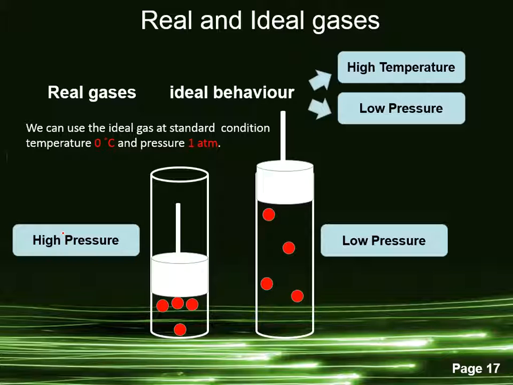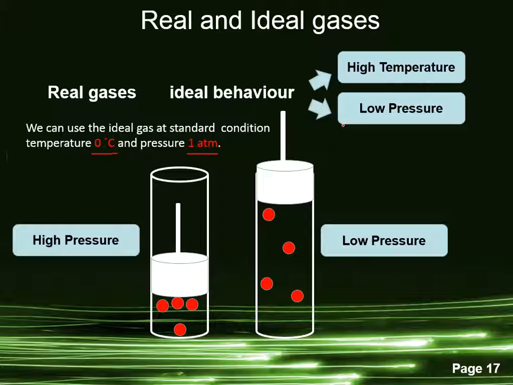We can use the ideal gas law under a standard condition, temperature at 0 centigrade and pressure at 1 atmosphere, to solve problems and figure out how gas molecules behave. Under high pressure such as 1000 atmospheres and low temperature, we cannot use the ideal gas law because the gases don't behave ideally at those conditions. To solve problems, let's see what happens and why it breaks down.